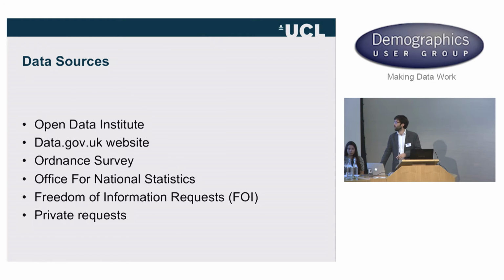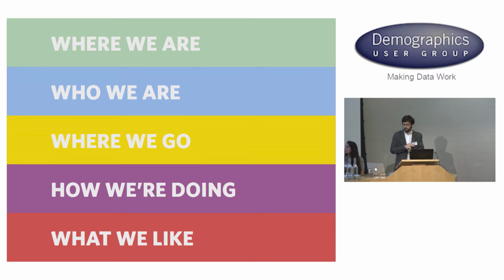And we came up with a very loose one, which is where we are, so things about London as a place generally; who we are, which is, I guess, the bulk of the census information; where we go, which is something I probably won't touch much on, but this is based on the wealth of data now available from Transport for London, the Greater London Authority, and so on about travel behaviours; how we're doing, which is some of the stuff about mortality, poverty, childhood obesity, and so on, that are things that London could do a bit better, I guess; and then what we like, which was just a general everything else category that we couldn't necessarily place some of the other graphics in.